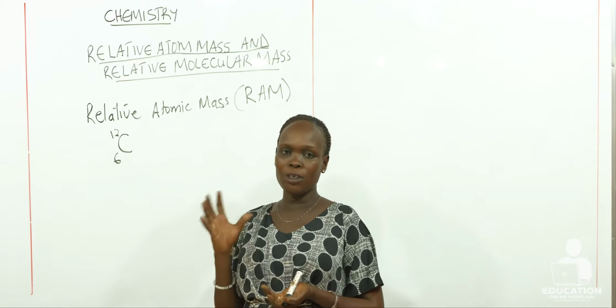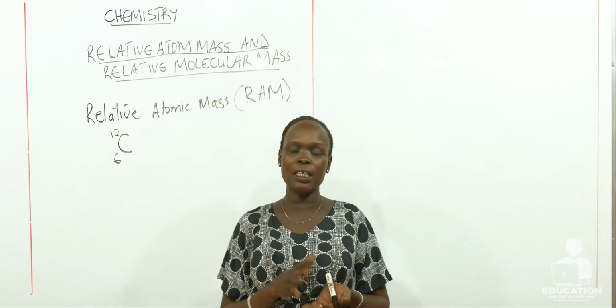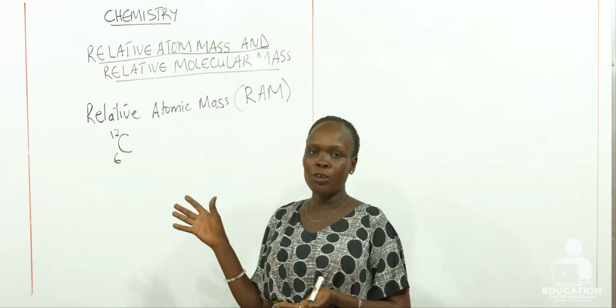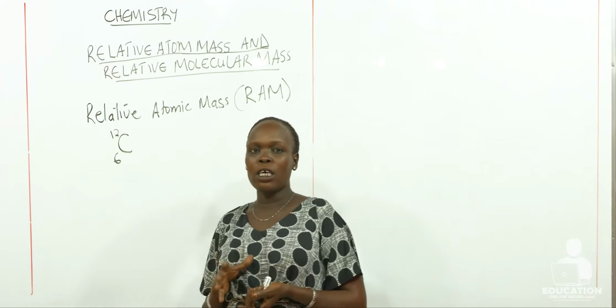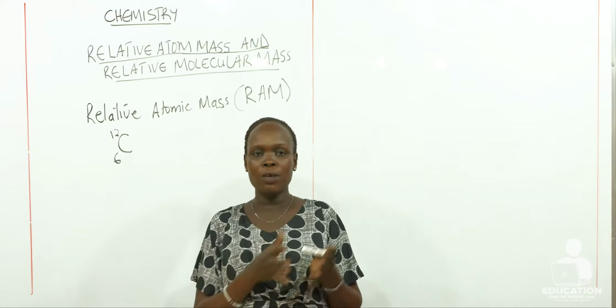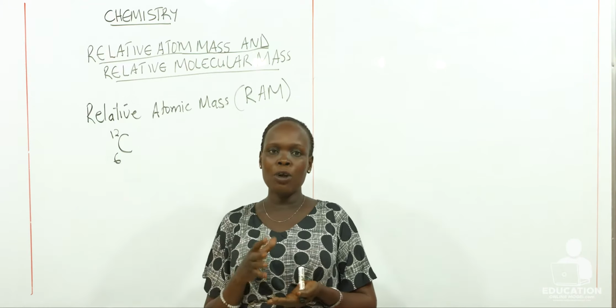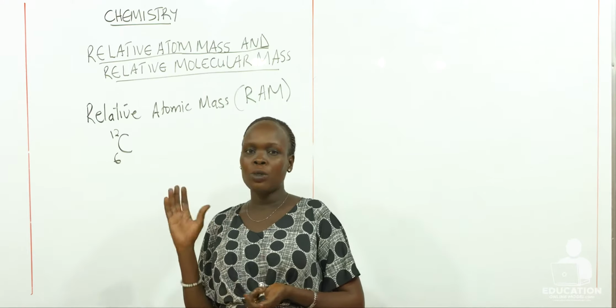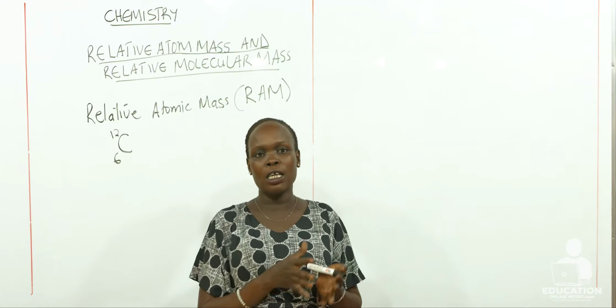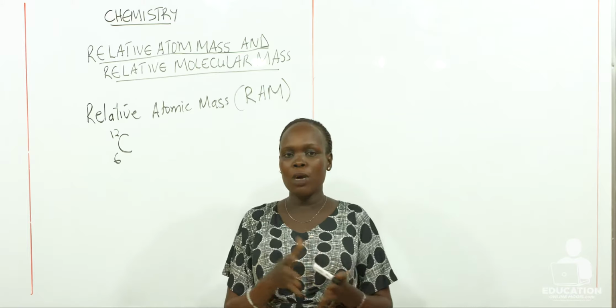So carbon isotope 12 has been set as the measurement for the atoms or the elements, so that they shall have the relative atomic mass. When we are relating it to carbon 12, which means carbon with the mass number 12, we say that it is the relative atomic mass of carbon.